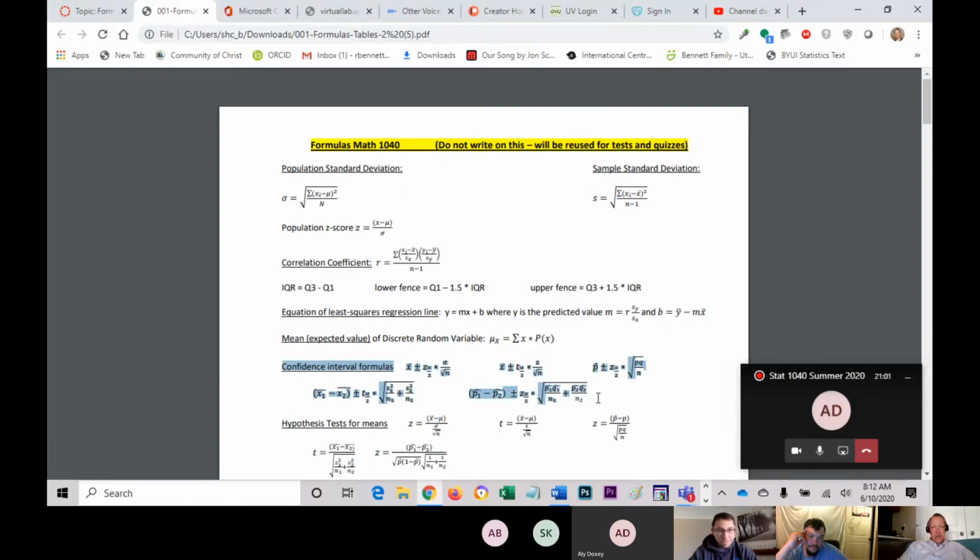Now, we've got about 5 different formulas. We may or may not use them all, but the main one I'm going to be using is this one here, x bar plus or minus z sub alpha over 2 times sigma over the square root of n. This is going to be another one we will definitely learn, but not today. And then p hat plus or minus z sub alpha over 2 times the square root of pq over n. So we'll be talking about 2 of those 3 today.